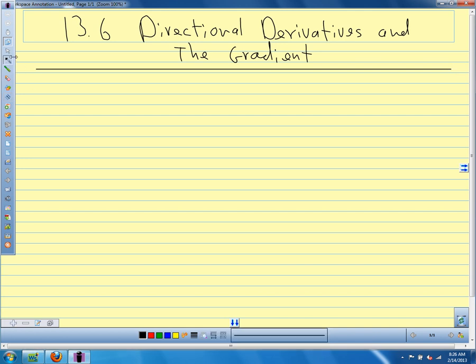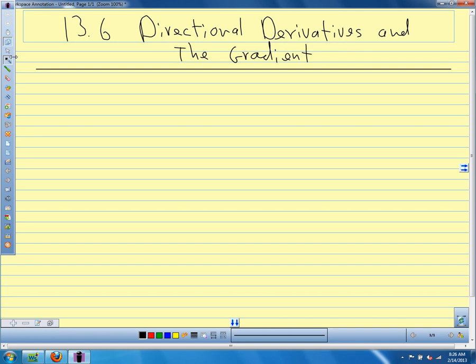We've talked about partial derivatives of functions, and they tell us the rate of change of a multivariable function either in the x direction or in the y direction. So when one of the variables is constant, we're looking at the rate of change moving parallel to one of the axes.